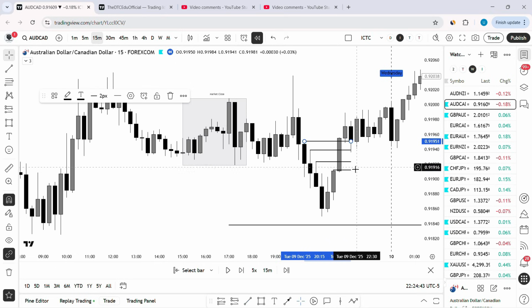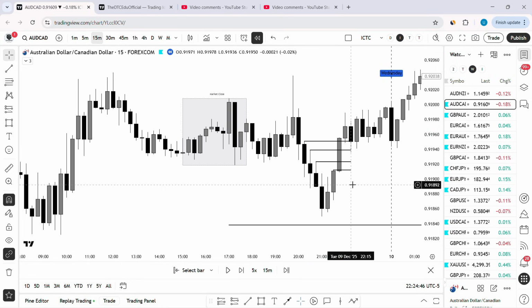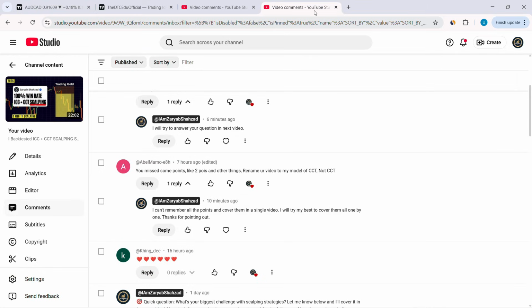On the higher time frame, we will mark all these POIs, and then we go to the lower time frame and look for our lower time frame confirmations at any of these POIs before entering our trade. Hope this has answered your comment.